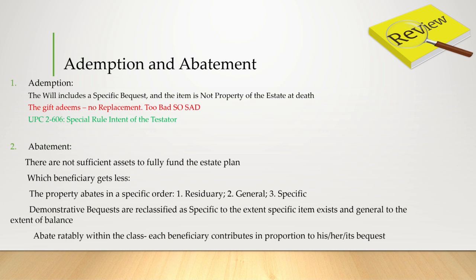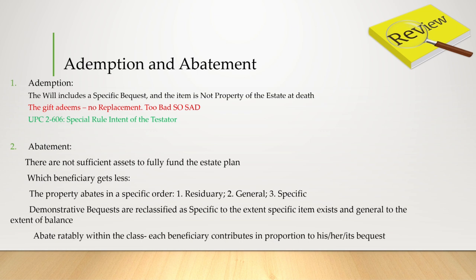Abatement is caused by a number of different problems: debts, liens, creditors, elective shares, things of that nature. We don't have enough to fully fund the will. Whether it be specific, general, or residual, what happens is when there are not sufficient assets to fully fund the estate plan, it goes from residual, so you have no residual.